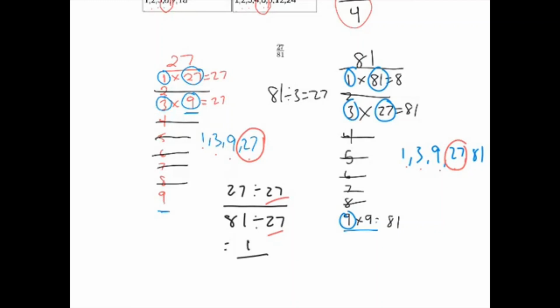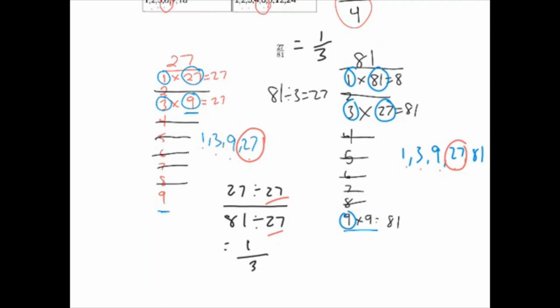So our denominator will be 3. And there, now we see that 27 over 81 is equal to 1/3, or 1 over 3. And now we've used the greatest common factor in order to help us simplify a proper fraction.